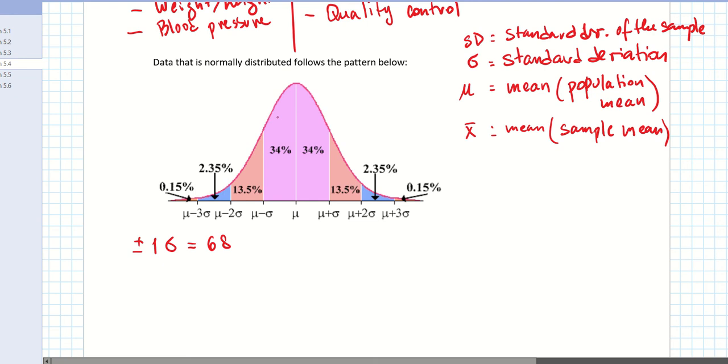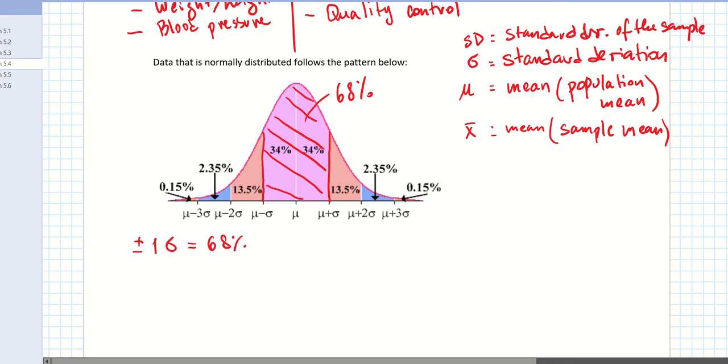The percentage, I mean the area under this curve. So if you go from -1 to +1 standard deviation, the area under here is going to represent 68% of the total area under the curve, which is 100% in total. Okay? So plus minus 1 sigma is 68%.